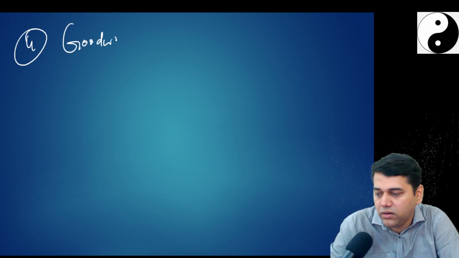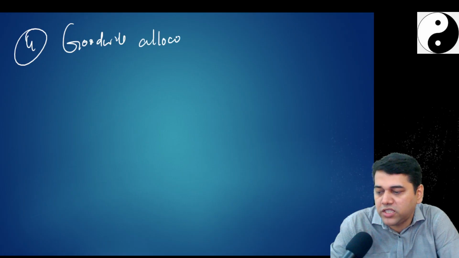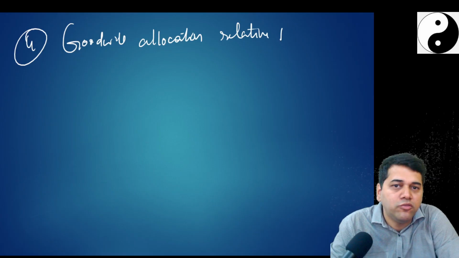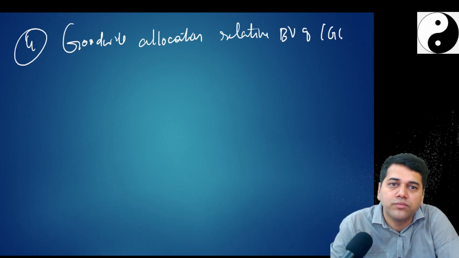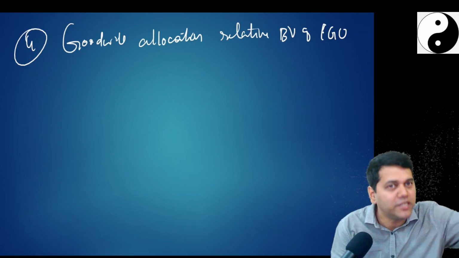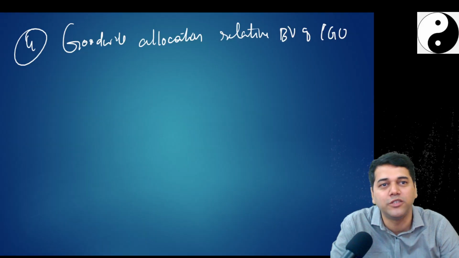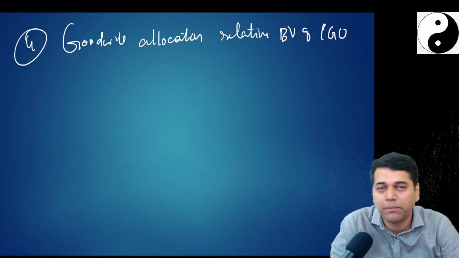Then point number 4 you say that, since you spoke about goodwill now, goodwill allocation on what basis? Relative book value of CGU. Now your joint venture must be one CGU, parent must be one CGU, your subsidiary must be a CGU. Goodwill should be allocated based on the CGU, no?